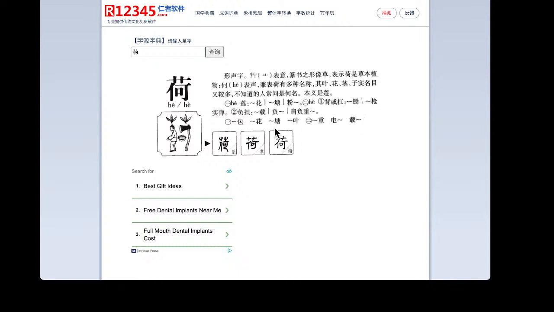And okay, so 和, now this 和 means which one? Okay, this character means which one? So like 何人何物, which means which person or which thing.